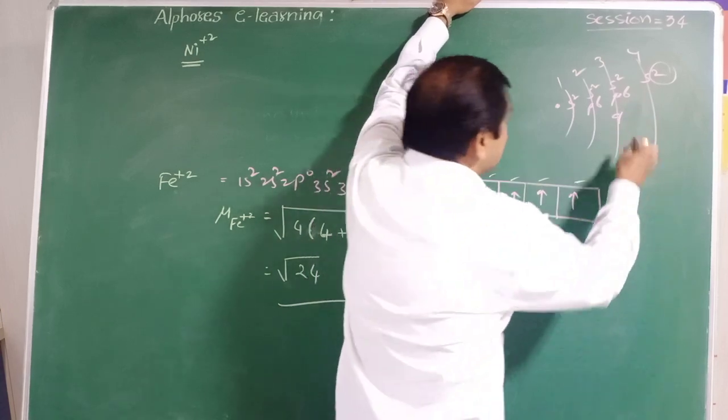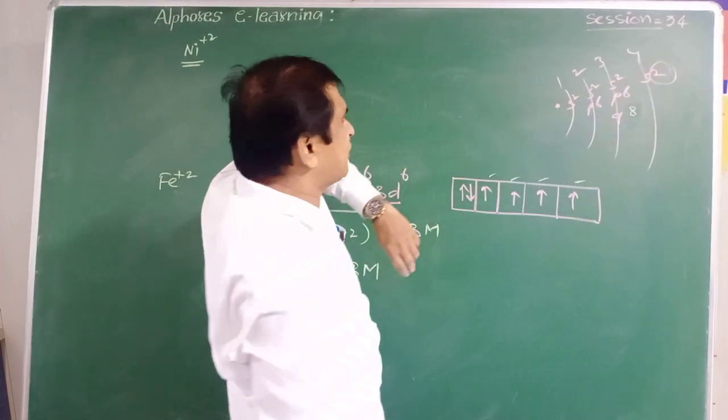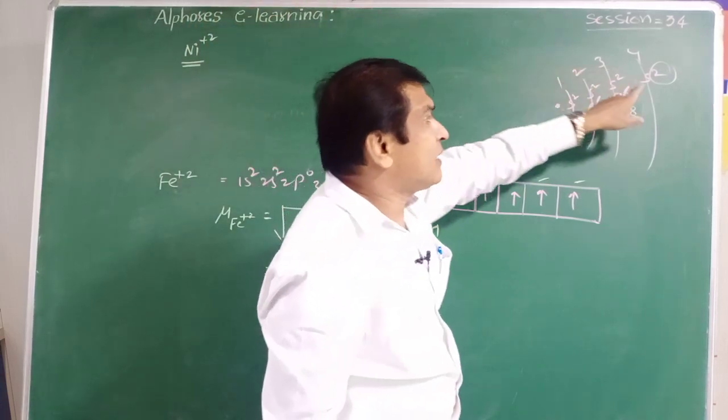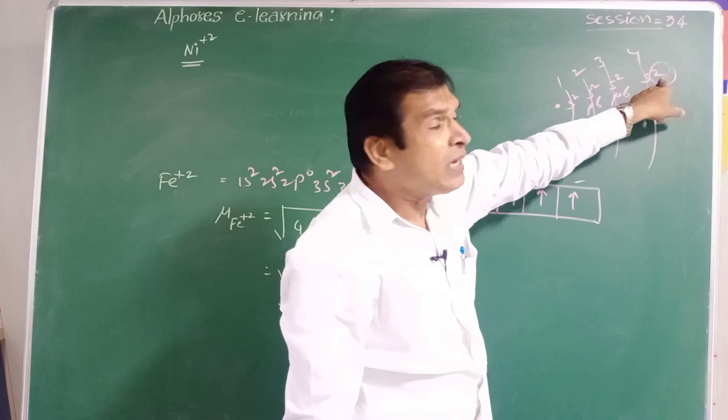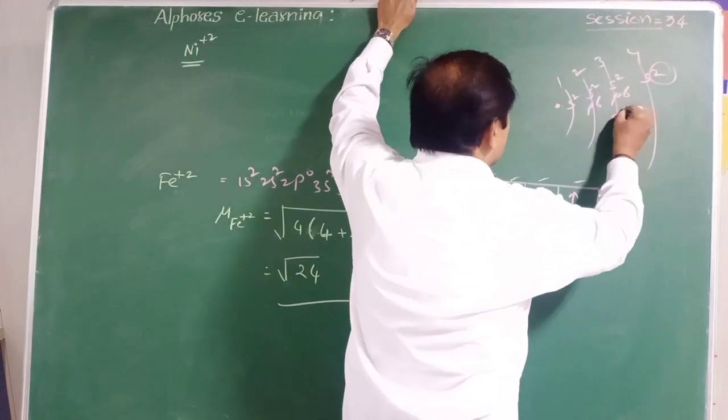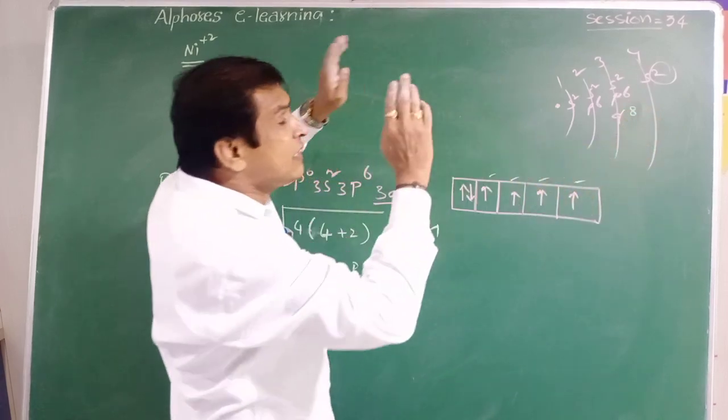Nickel plus 2 means the nickel atom has lost 2 electrons from the outermost shell. That means the 4s electrons are lost, and we then have only 3d8.